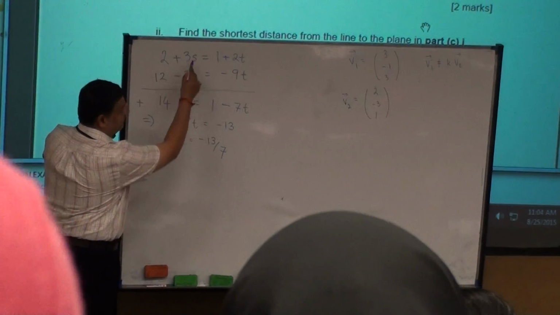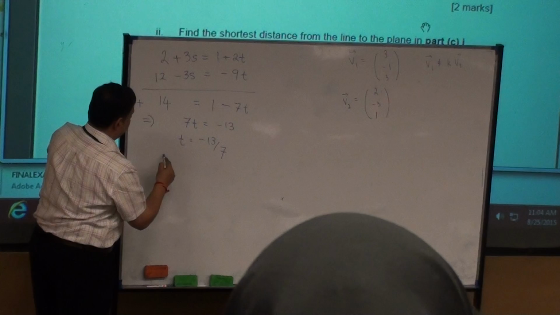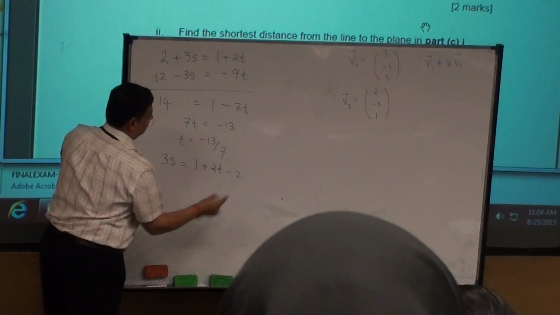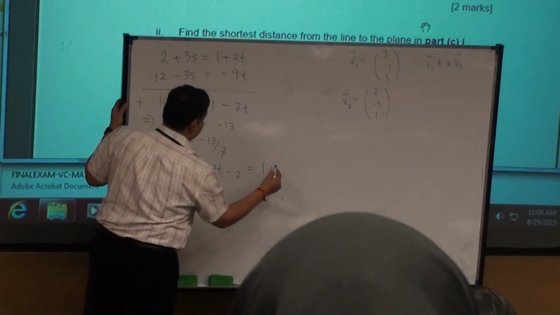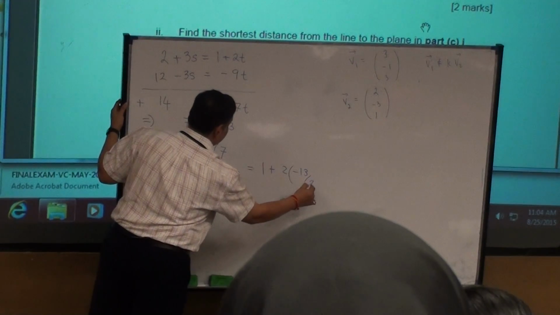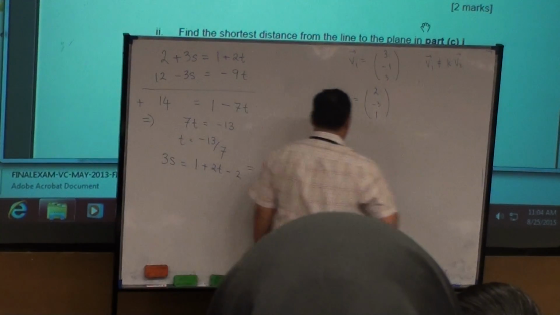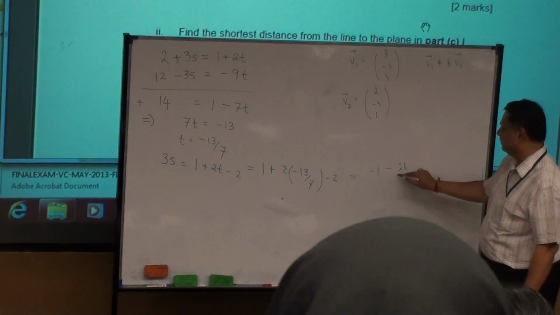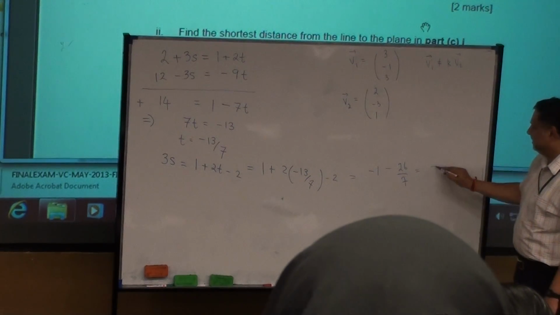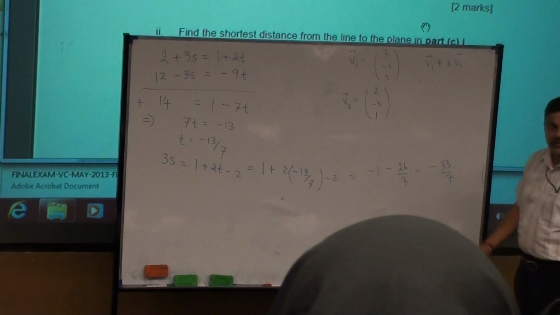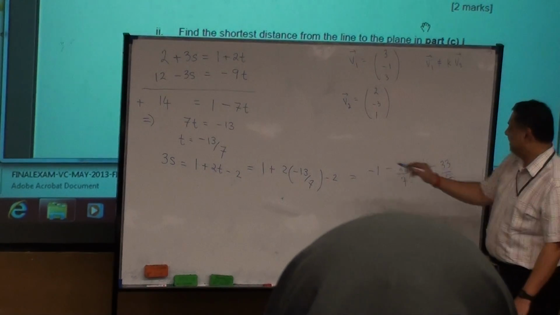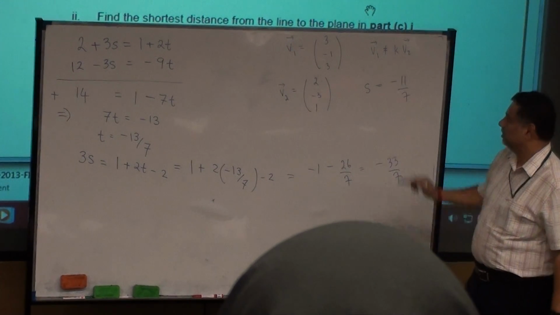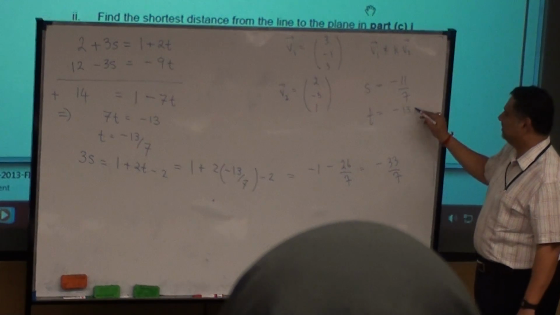From the first equation, 3s equals 1 plus 2t minus 2. Substitute t: 1 plus 2 times minus 13 over 7 minus 2, which gives minus 1 minus 26 over 7, so this is minus 33 over 7. So 3s is minus 33 over 7, which means s is equal to minus 11 over 7, and t was minus 13 over 7.